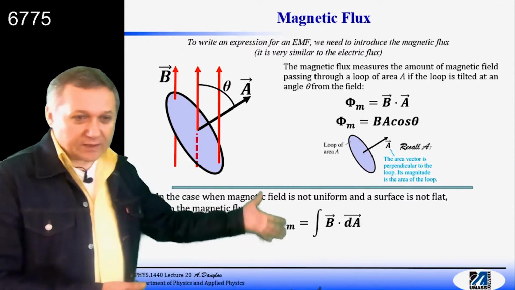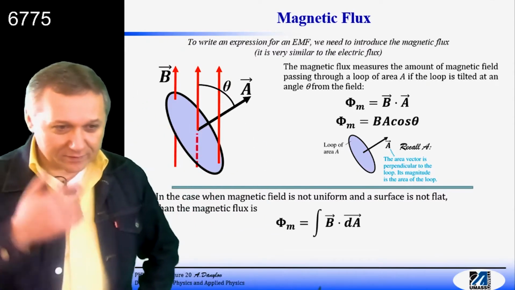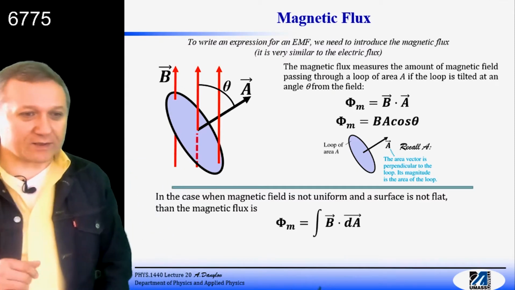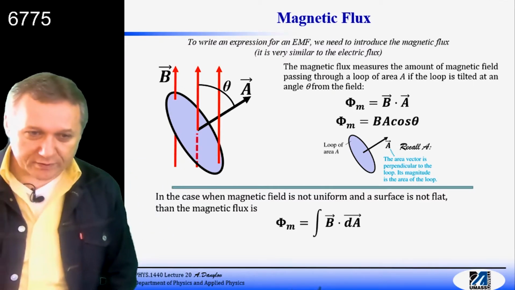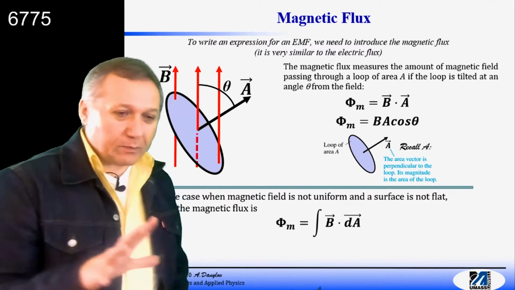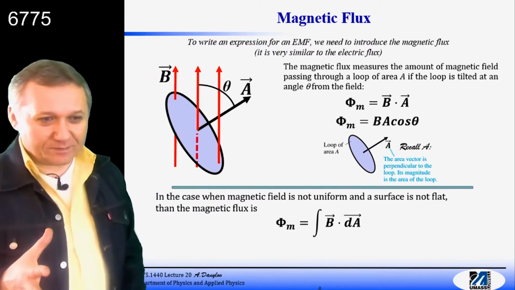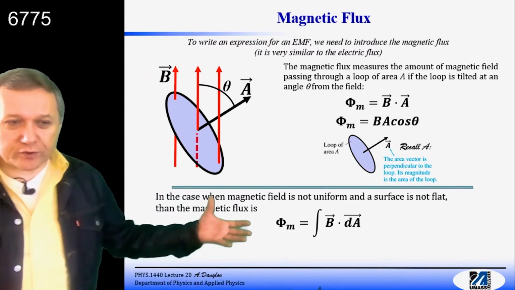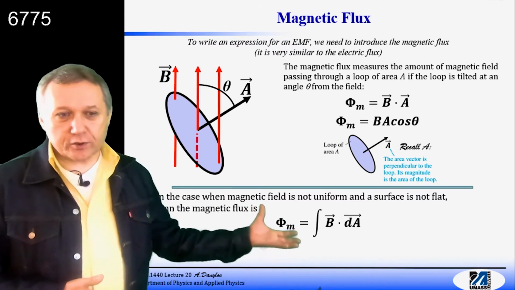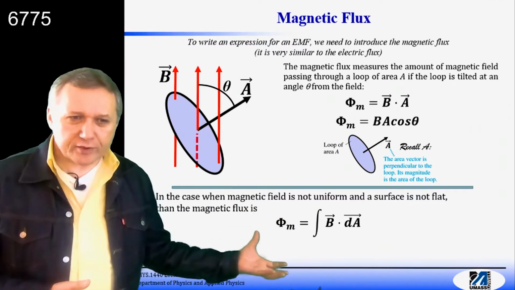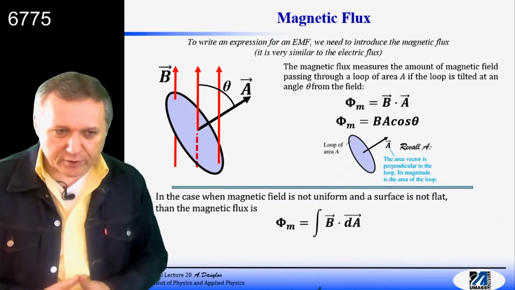Enough about the flux, because we spent enough time discussing electric flux, and here it's all the same. But what about the SI units? Should we introduce a special unit for the magnetic flux? For the electric flux, we did not introduce a special unit.